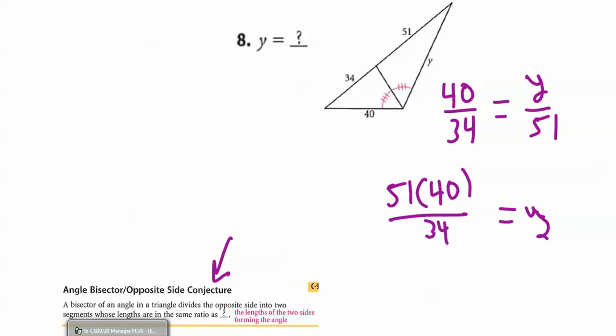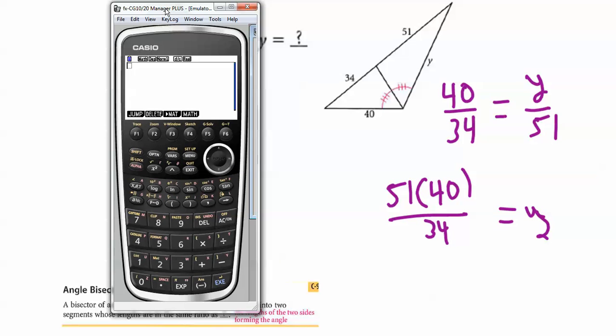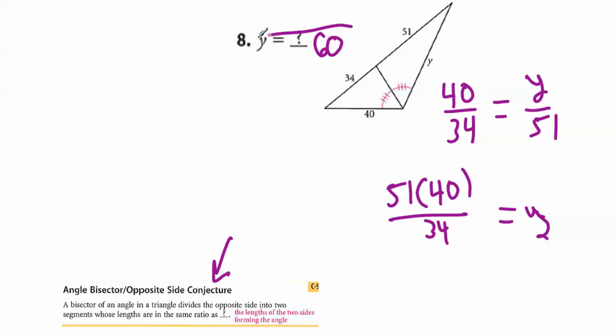My handy dandy Casio right here. I'm just going to do 51 times 40 divided by 34, and that should get me 60. And that is the correct answer. Yay. Done with that. Okay, 60. Again, review this conjecture and know it.